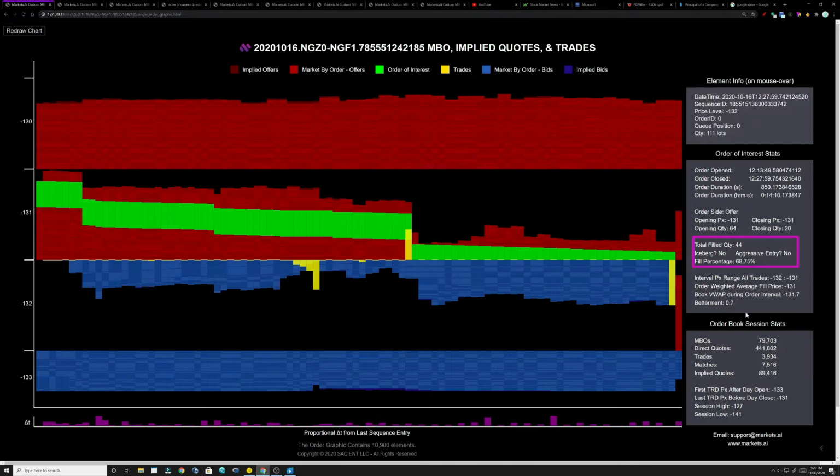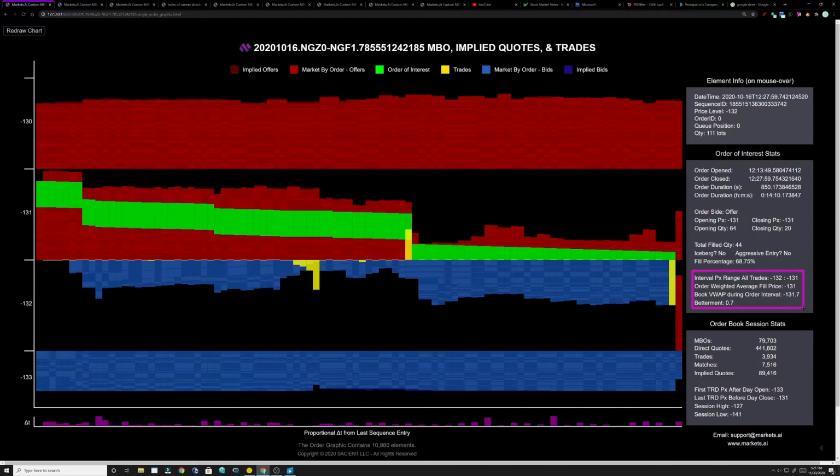Now these here, for our buy-side friends who look at TCA, this is the range of all the trades that occurred within the lifespan of the order of interest's interval on the book, and it traded from 132s to 131s.